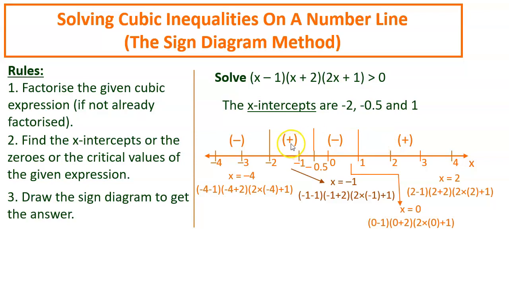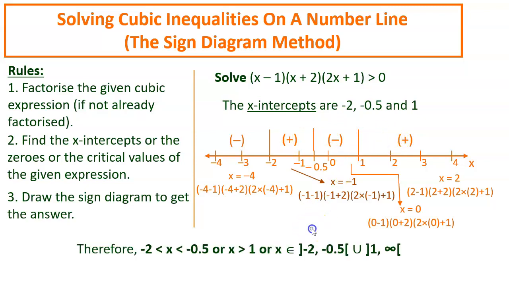Okay. And now that we have got the two regions that will be giving us positive products, it is time for us to write the final answer. So x should be greater than -2. We cannot include the x-intercepts because the equality sign is not included within the given inequality. So it should be x is greater than -2 but is less than -half or -0.5, or, because x is a number, it cannot simultaneously be equal to -1, suppose, and equal to 2.